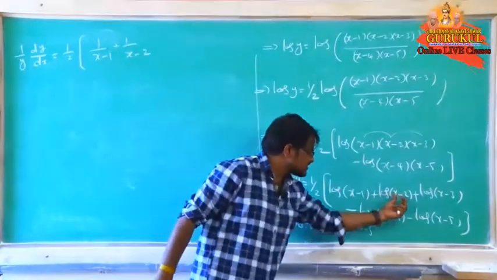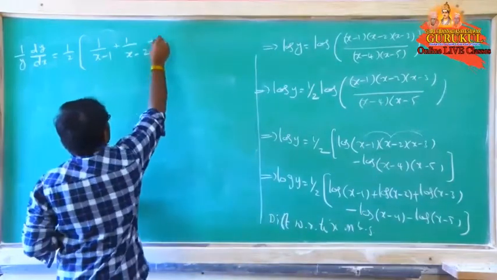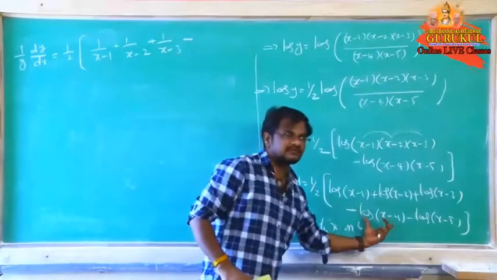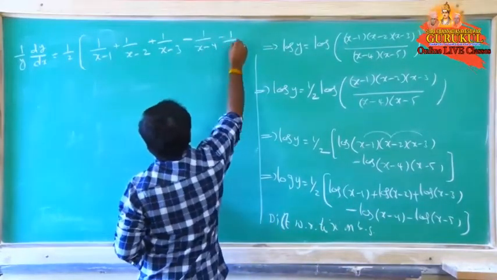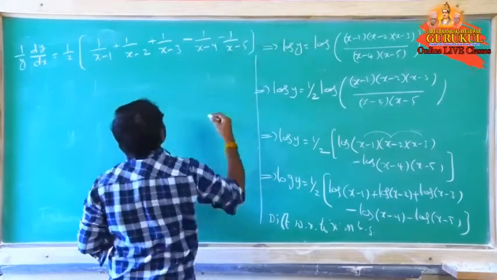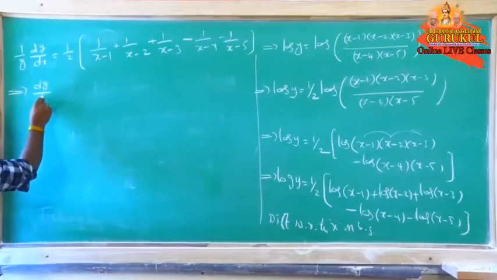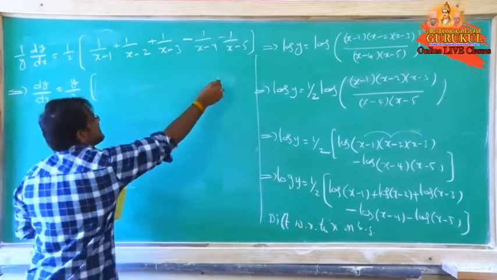Again we have to do the differentiation of x minus 2, but that is 1. Plus 1 by x minus 3, minus differentiation of this one, minus 1 by x minus 4, minus 1 by x minus 5. Now finally we want dy by dx equal to y by 2 into this same thing we have to write.